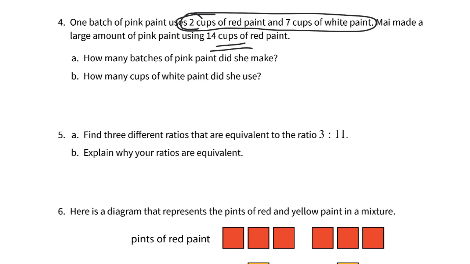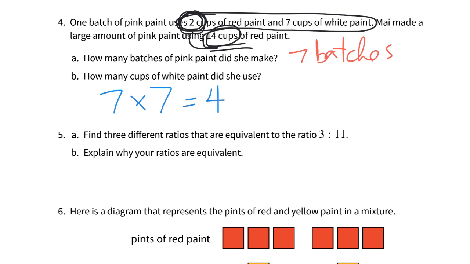So if you started with 2, and we ended up using 14, that means we did 7 batches, because it's 7 times the amount. So we did 7 batches. We could make a double number line to count and verify that, but we don't need to. And then it says, how many cups of white would she use? Well, if she started with her 2 cups and multiplied by 7 to get 14 cups of red, that means she's going to start with her 7 cups of white, multiply by 7, and she's going to use 49 cups of white.